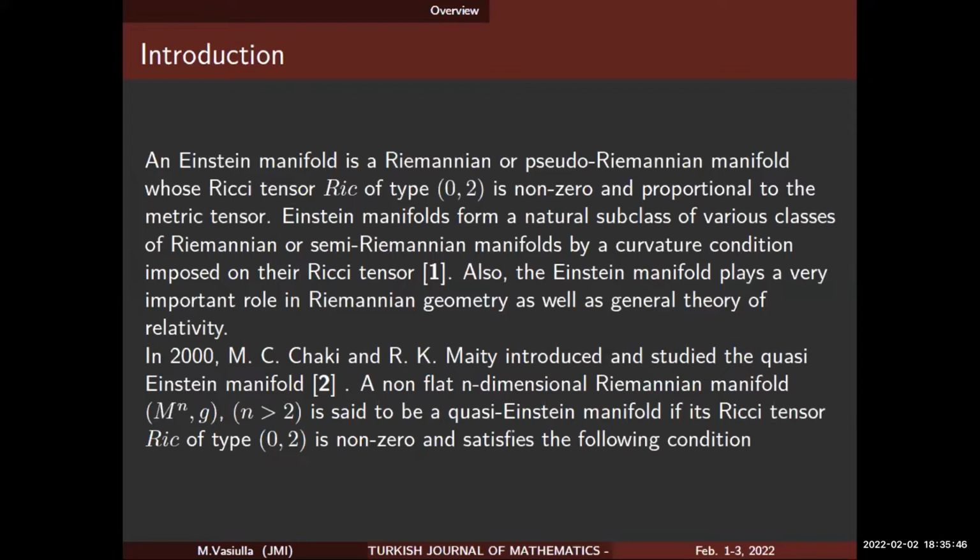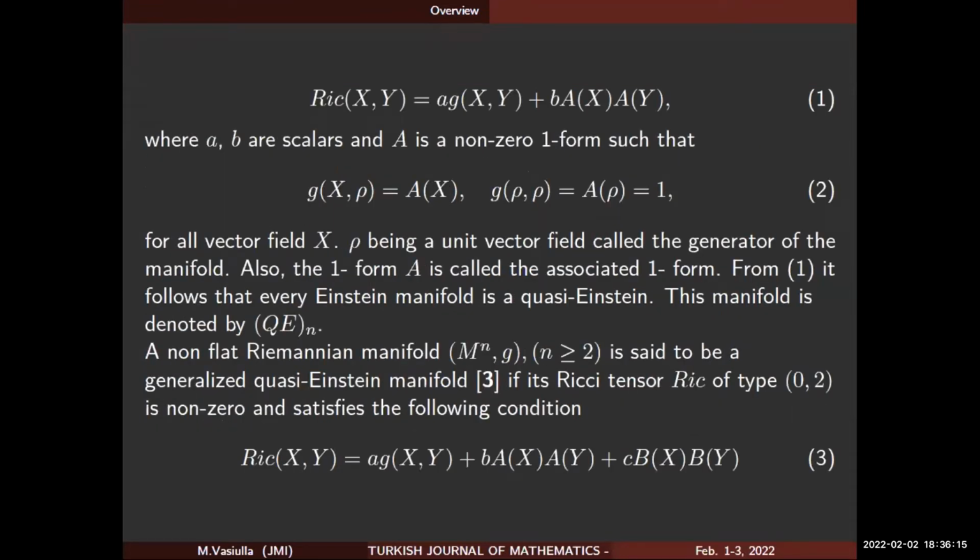M. C. Chaki and R. K. Maity in 2000 introduced and studied the quasi-Einstein manifold. A non-flat n-dimensional Riemannian manifold (M, g), whose dimension is greater than 2, is said to be a quasi-Einstein manifold if its Ricci tensor Ric of type (0,2) is non-zero and satisfies the following condition: Ric(X,Y) = a g(X,Y) + b A(X)A(Y), where a, b are scalars and A is a non-zero one-form, which is defined by g(X,rho) = A(X) and g(rho,rho) = A(rho) = 1.